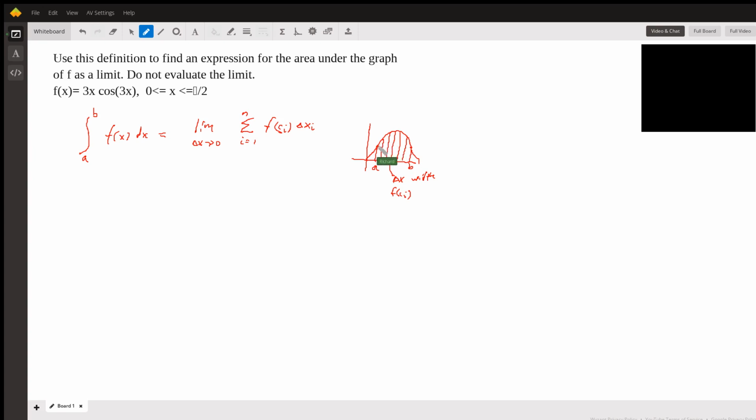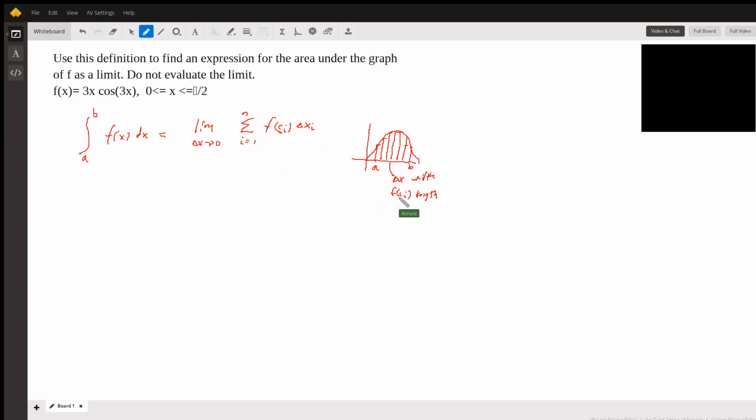If I use the left hand, you'd break it up like this, and so on. Or you can use the right hand. The area of each rectangle is just length times width. So you add up length times width for all these rectangles, from 1 to n, where n is the number of rectangles.